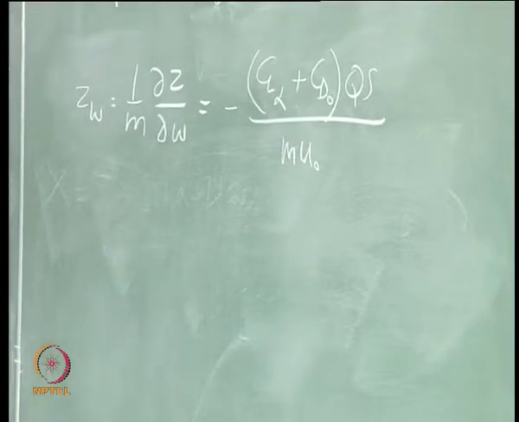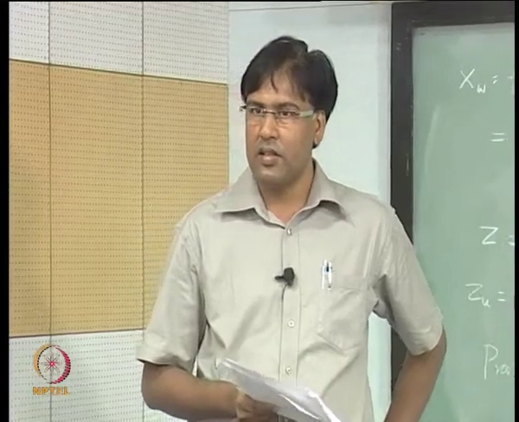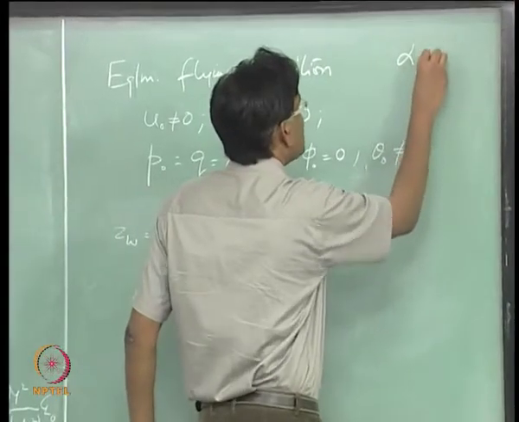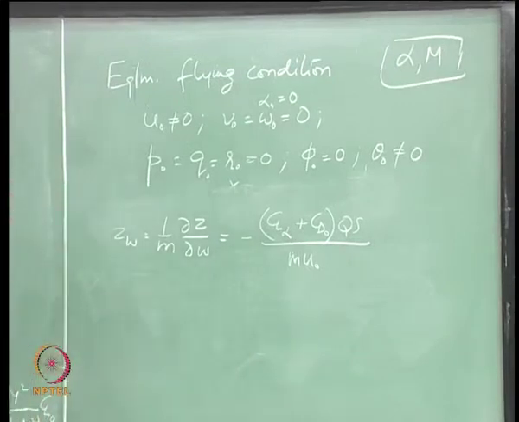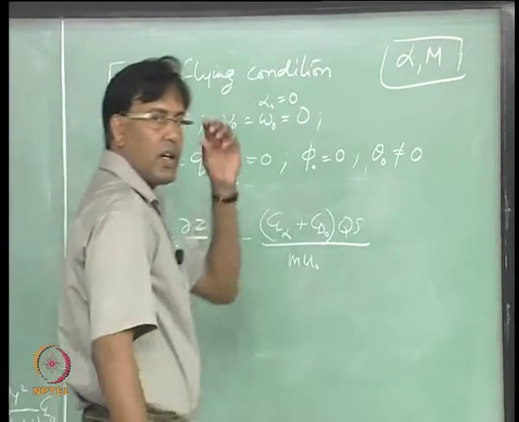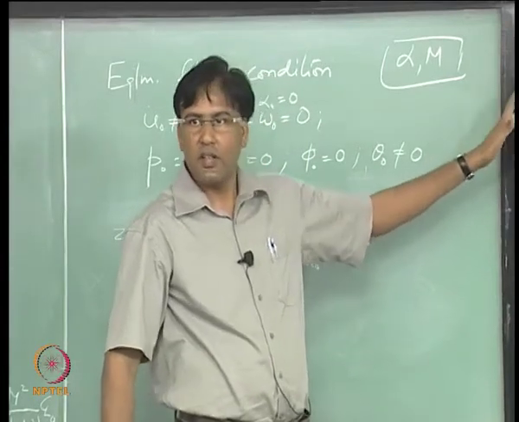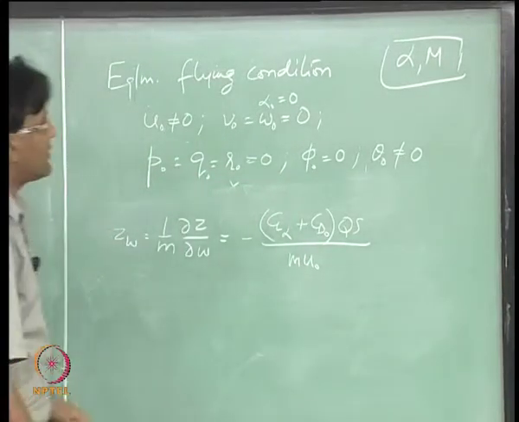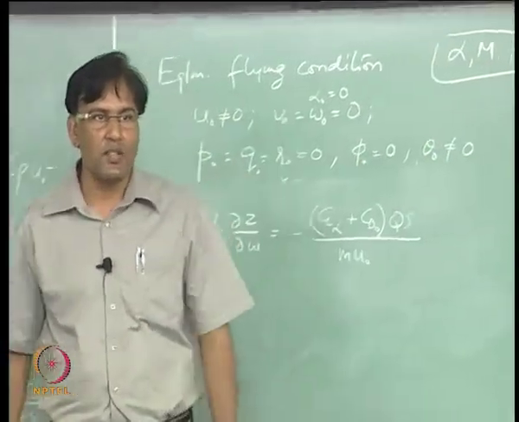See, whenever we are talking about flight regimes, we are talking about two parameters. One is angle of attack and the other one is the speed. So, alpha and Mach number are the two parameters defining the flight regime. You can be flying at high alpha, but in the subsonic speed regime. At a higher Mach number, you may not want to try a high alpha maneuver.